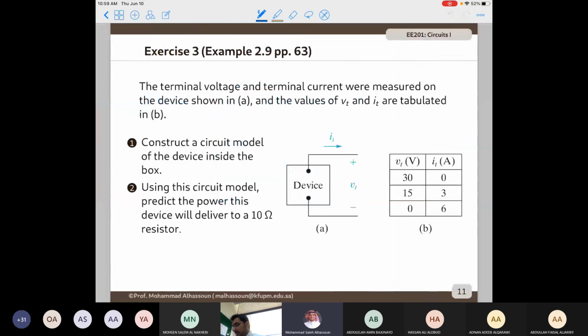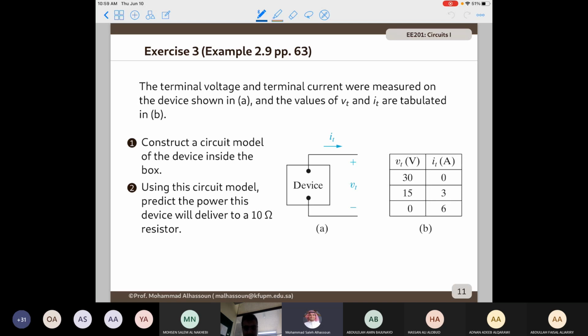So let's move on to the second exercise here. It's similar to an exercise that we solved before, but in this case we have a slightly different circuit element.